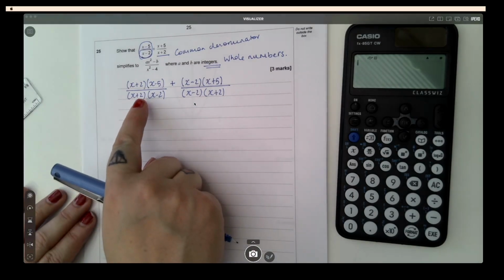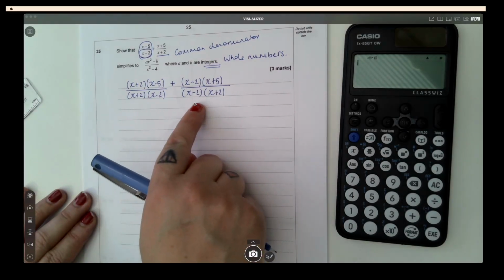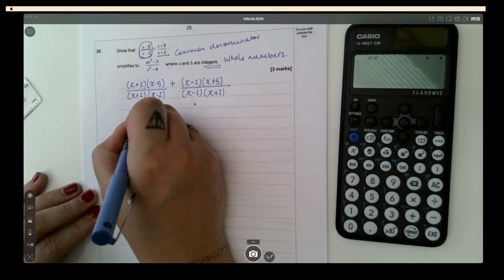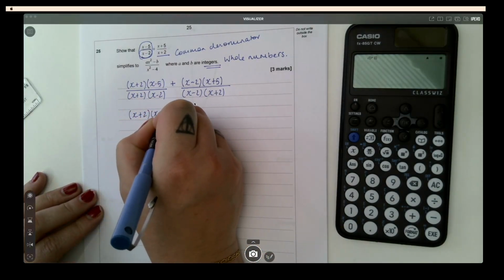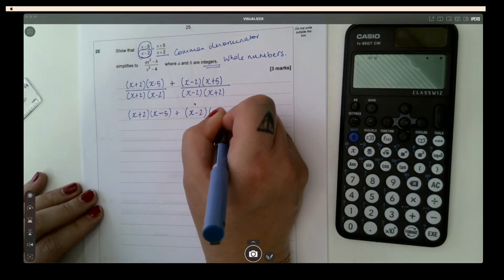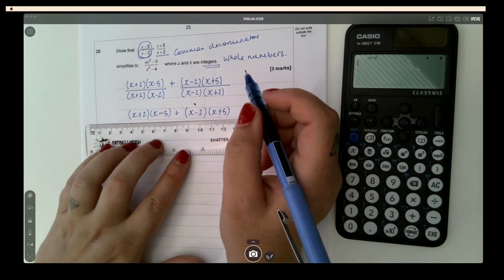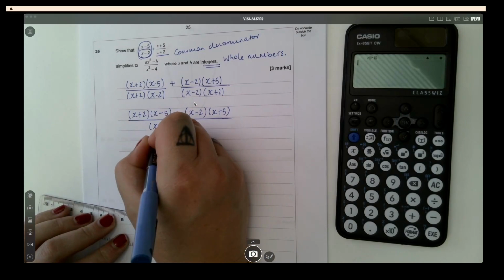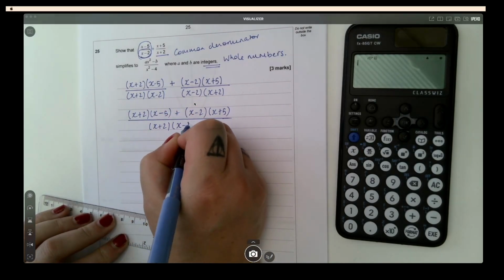So now we have the same denominator for both fractions, so we can write everything as the numerators over that common denominator, which is x plus 2, x subtract 2.